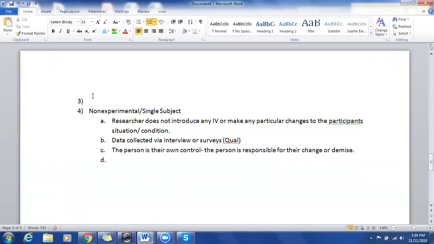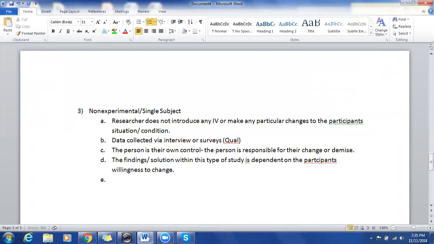And then with this, basically the findings / solution within this type of study is dependent on the participants' willingness to change.